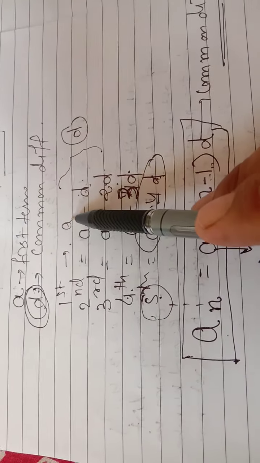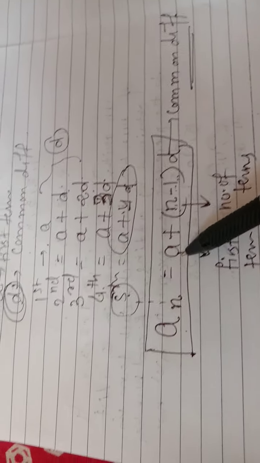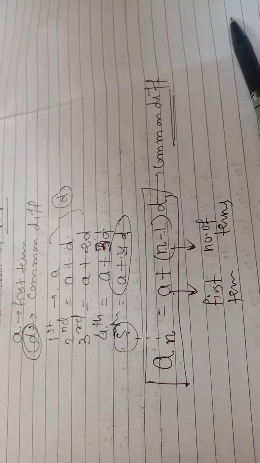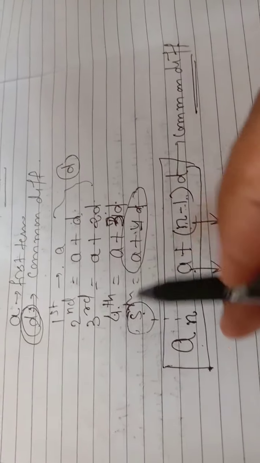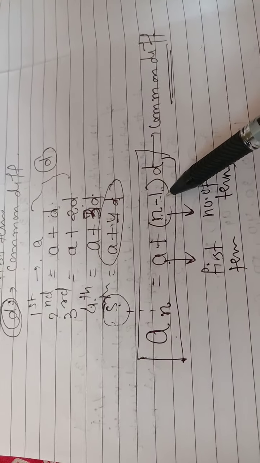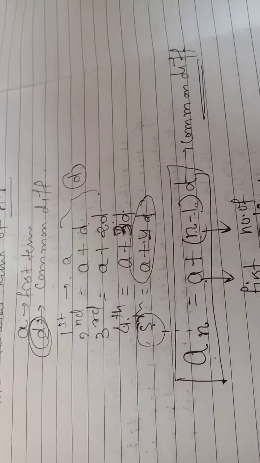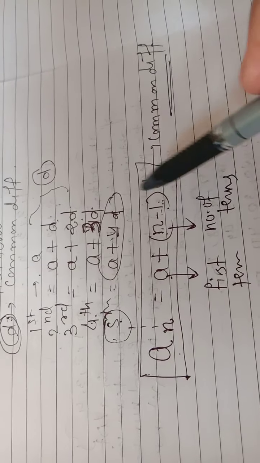See here, what is the first term? A. If I put 1, 1 minus 1 is 0. If I put 2, 2 minus 1 is 1, giving A plus D. For the third, 3 minus 1, A plus 2D.